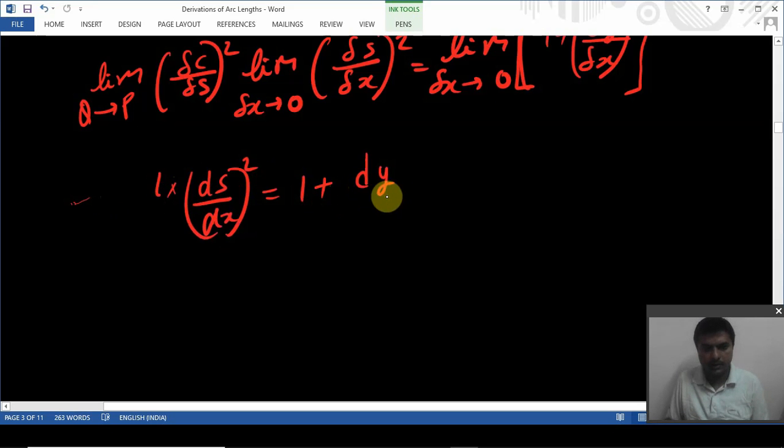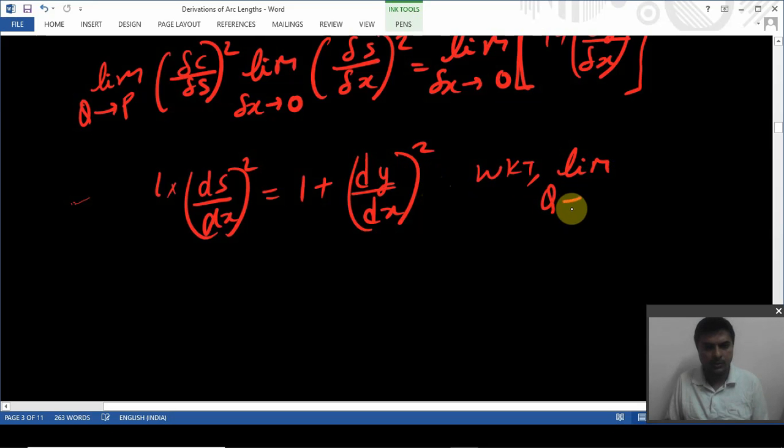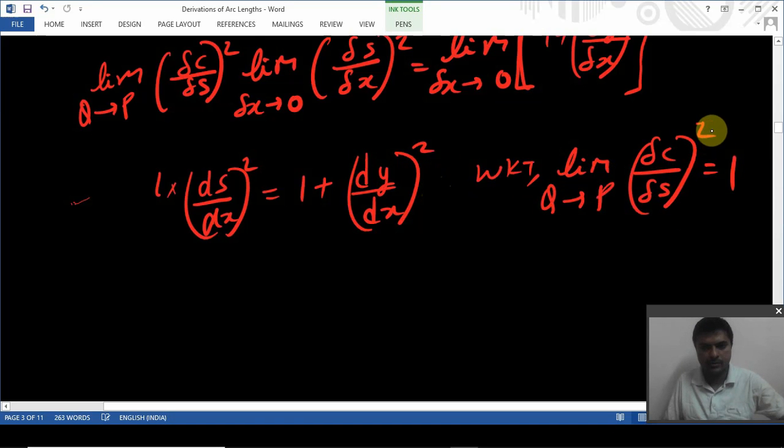We know that limit as q tending to p of delta c divided by delta s the whole square is 1. We have already done this. Now we find ds upon dx and that is the solution.